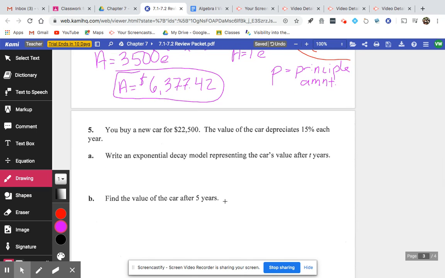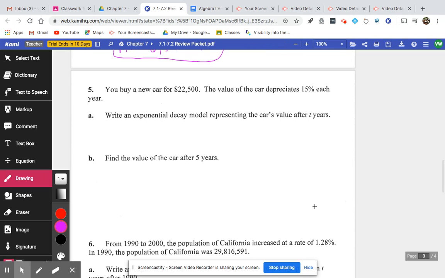Here we go. Number 5. You buy a new car for $22,500. The value of the car depreciates 15% each year. Write an exponential decay model representing the car's value after t years. So, decay, we use the same kind of base equation here as growth.